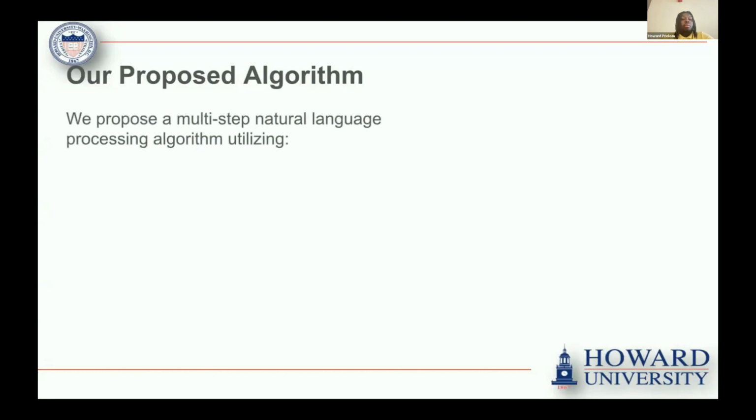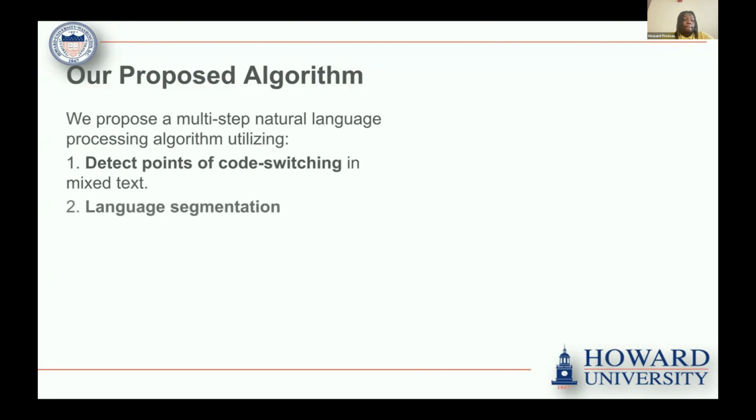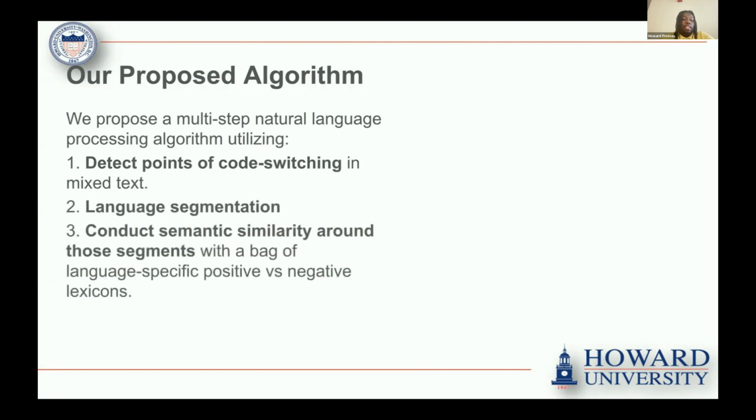In our proposed algorithm, we propose a multi-step natural language processing algorithm utilizing the text. First is the detection of code switching and mixed text. Next is language segmentation, which is where we split up the text into each of the respective languages.